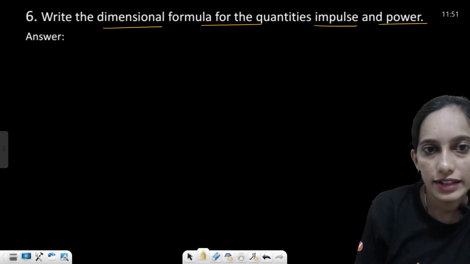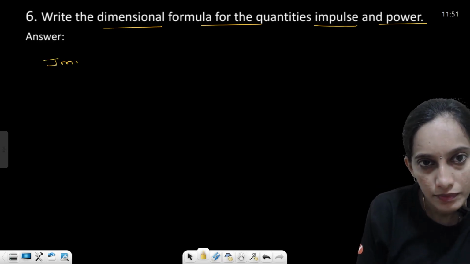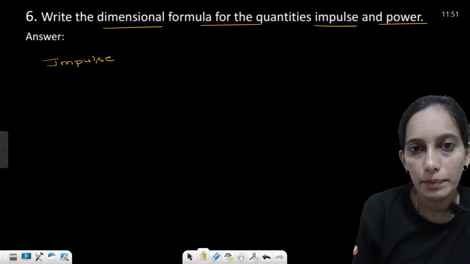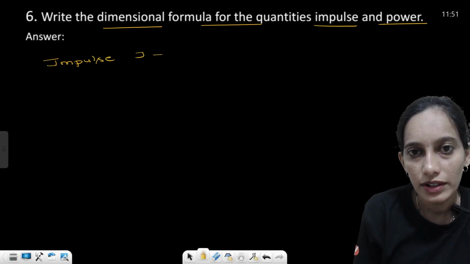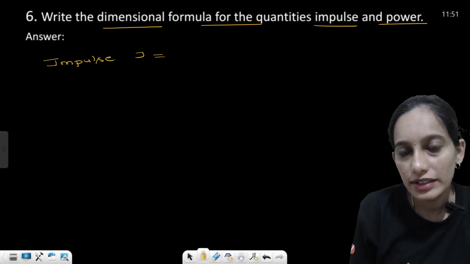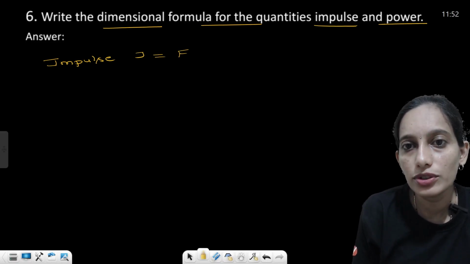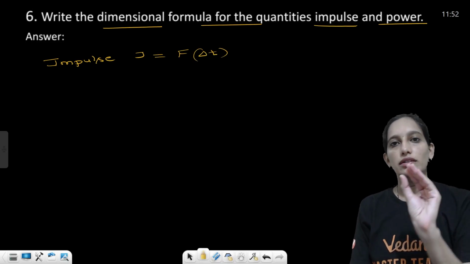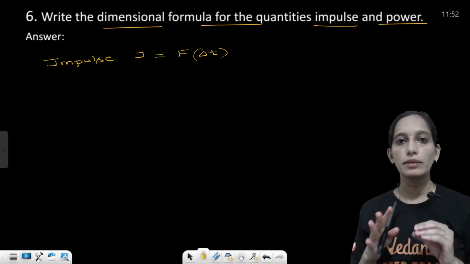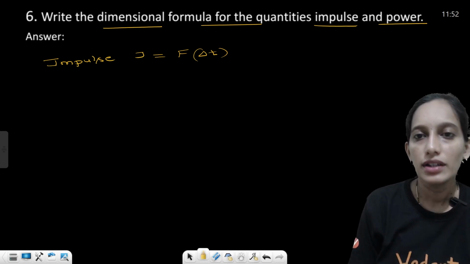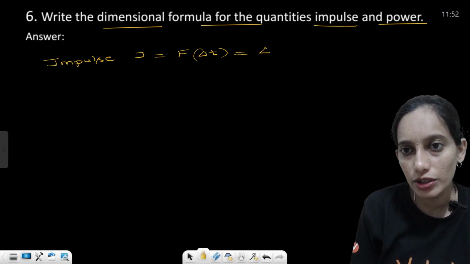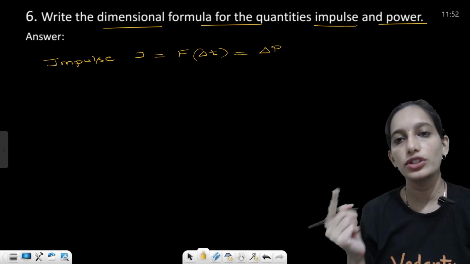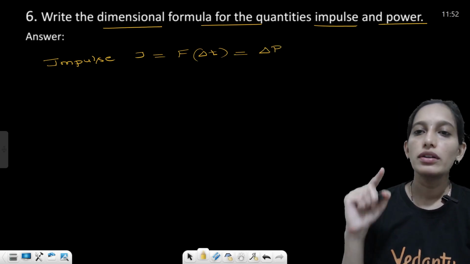First is impulse. Impulse is usually represented by the symbol J. It is given by the formula force into time interval, F into delta T. If a large amount of force is applied for a short interval of time, we call that impulse. This is also equal to the change in momentum, that is delta P. So impulse is equal to force into time, or change in momentum.